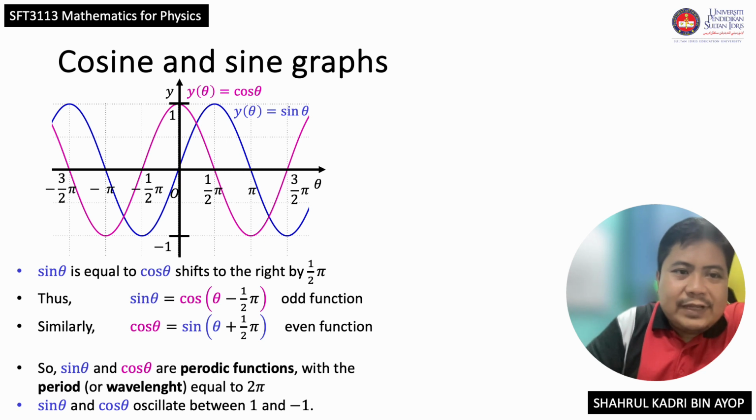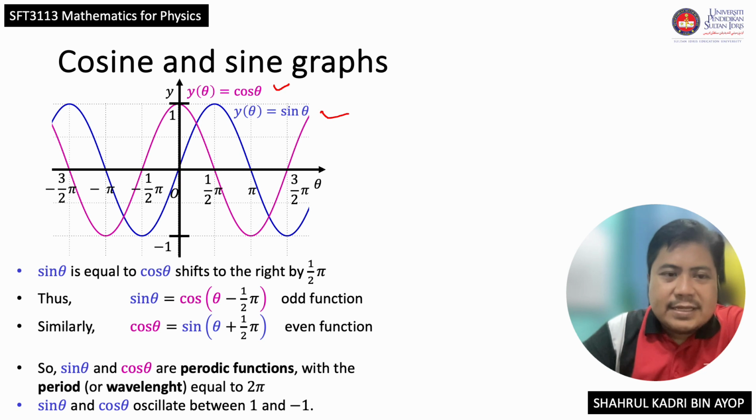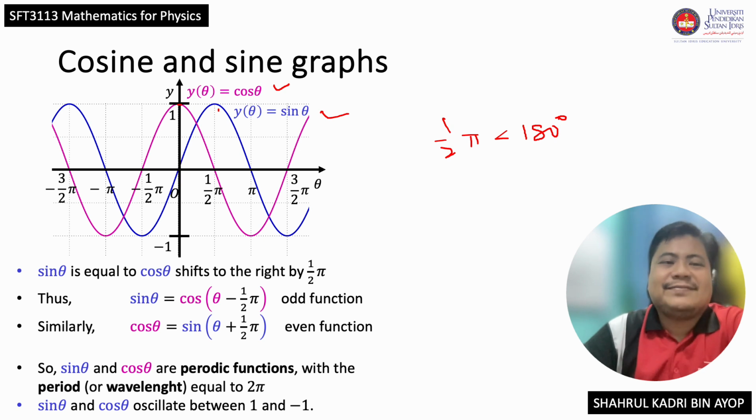Let's look at this graph: the cos graph is purple and the sine graph is blue. The cos graph has value 1 at 0, and the sine has 1 at half pi, which is 90 degrees.